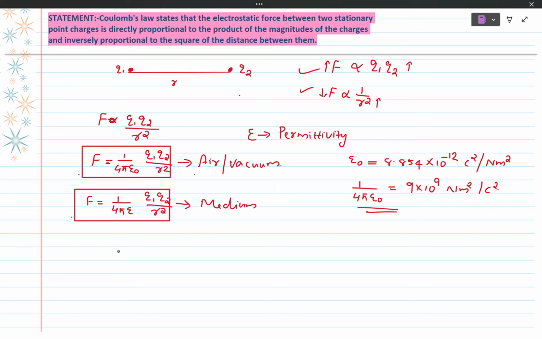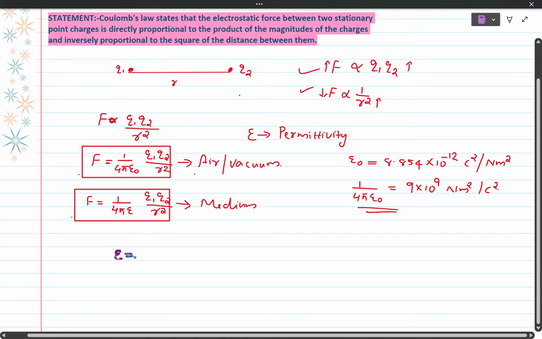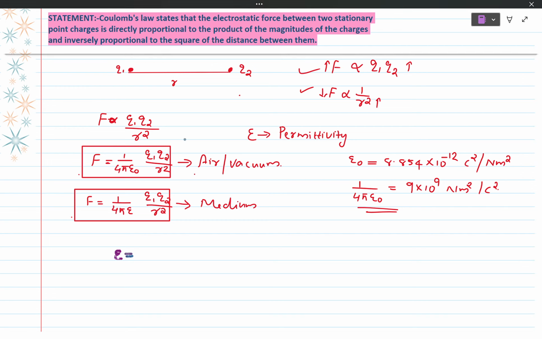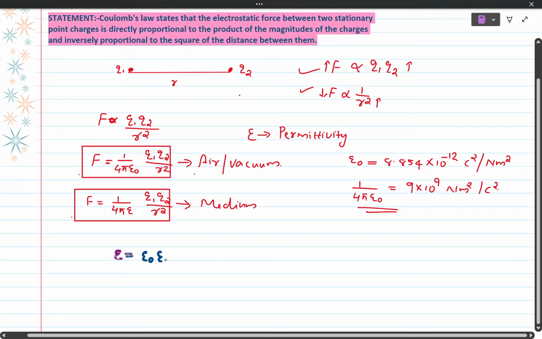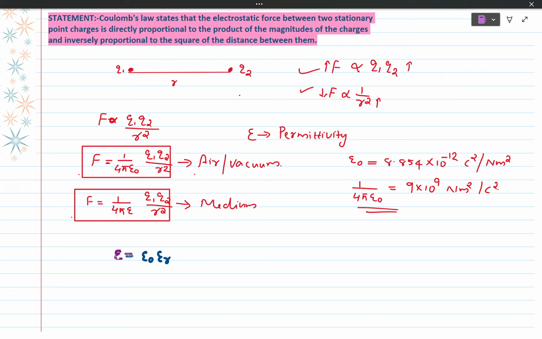For any other medium, epsilon equals epsilon 0 epsilon r, where epsilon r is the relative permittivity of the medium with respect to vacuum or air.